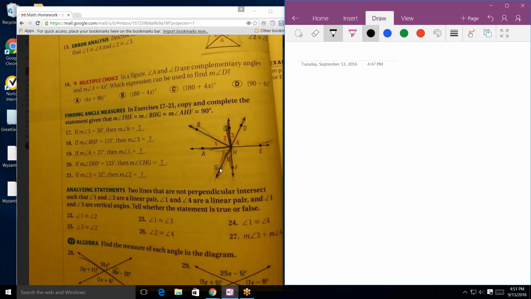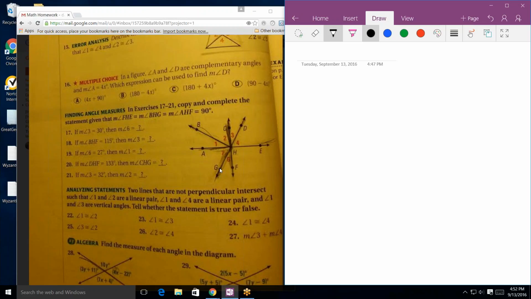If BHF is 115, then what's angle 3? That would mean, because BHG is 90 degrees, that and angle 6 make up that 115 degree angle.